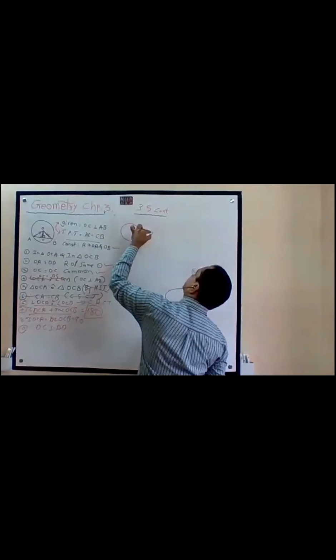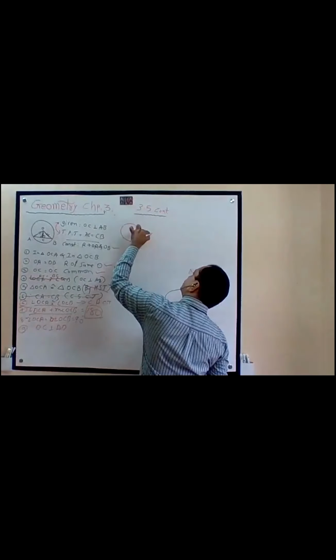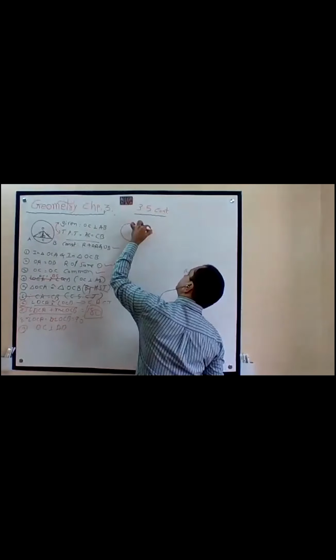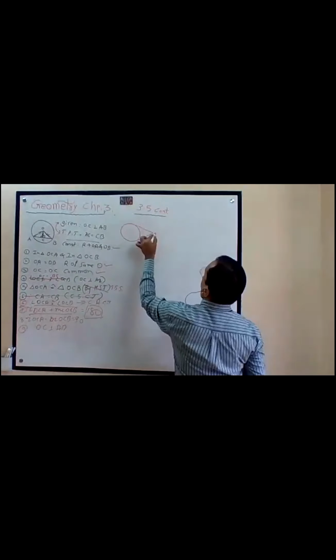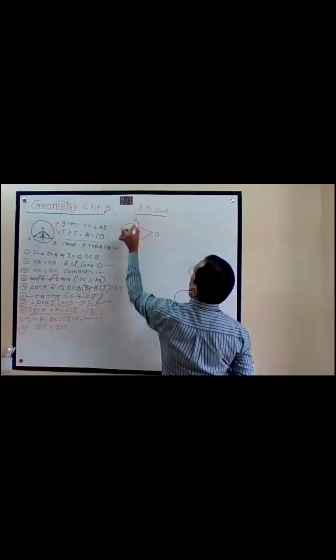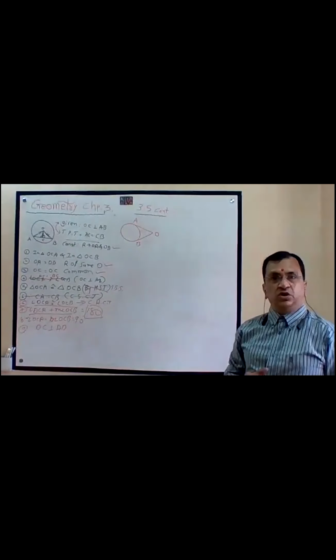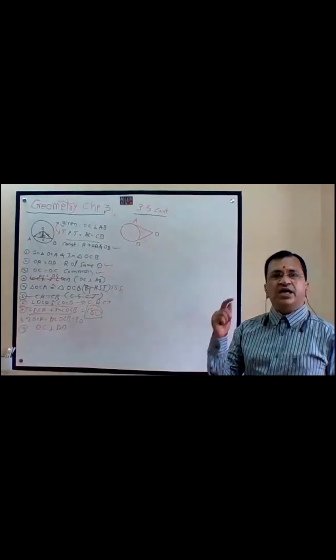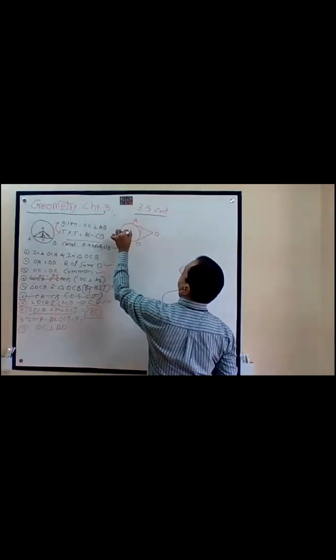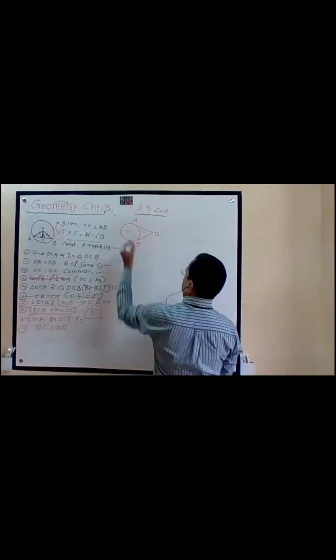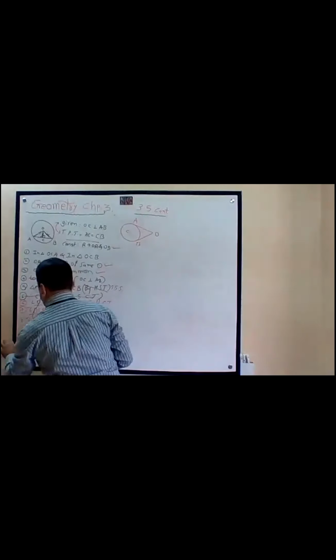From the outside point, two tangent segments, OA and OB, are two tangents. We have to prove that both are congruent. So take this T.